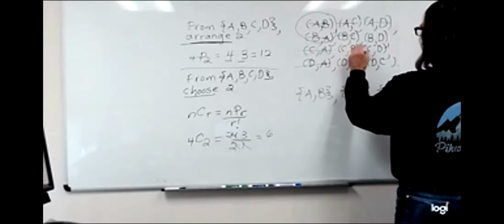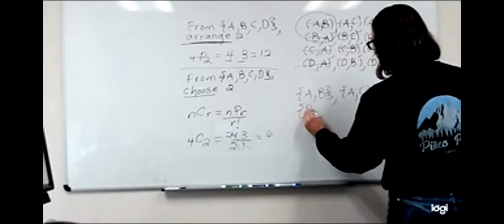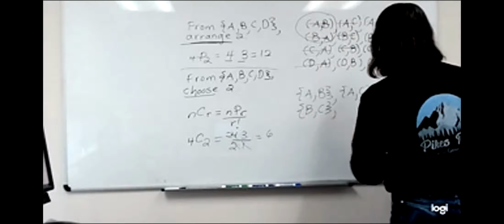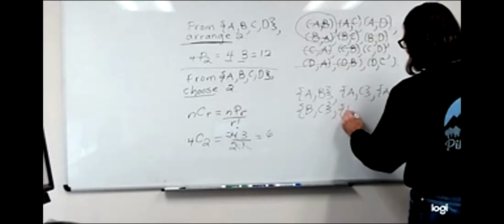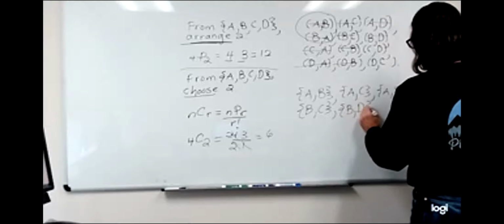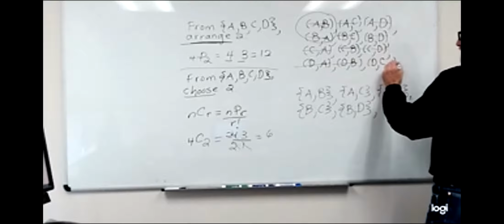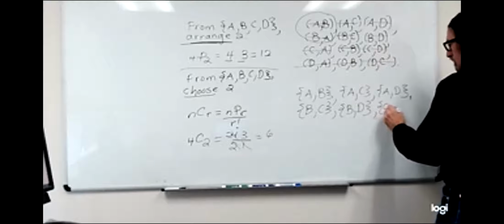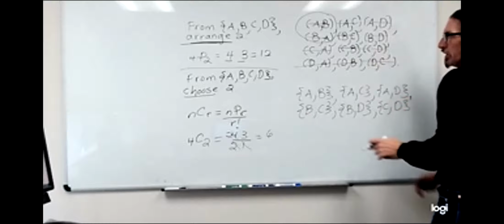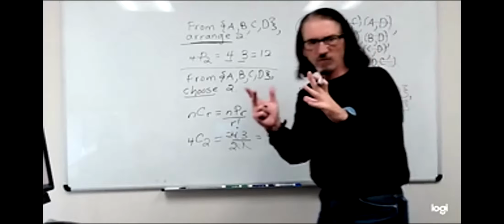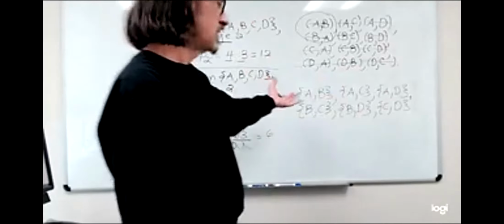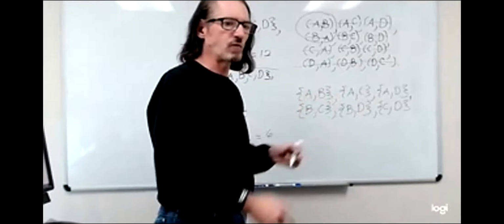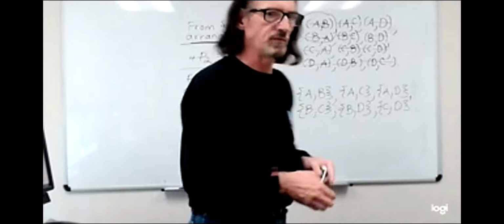BC and CB, BD and DB, same. And CD and DC. Again, notice the use of the parentheses for the ordered pairs versus the curly braces for the unordered pairs.